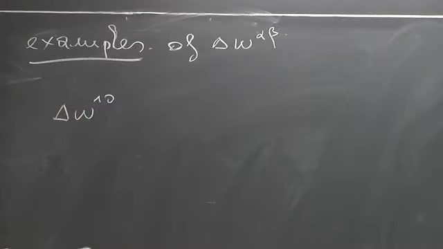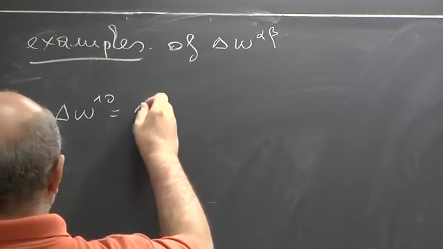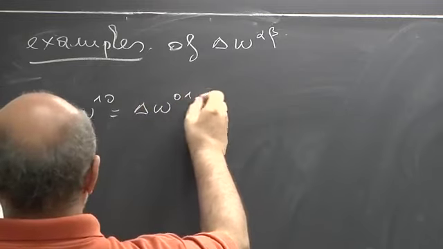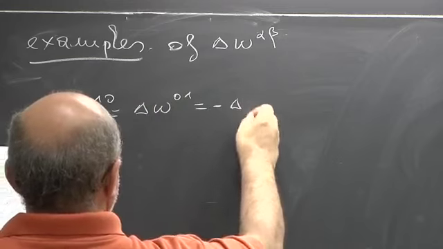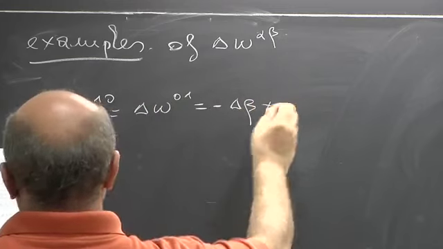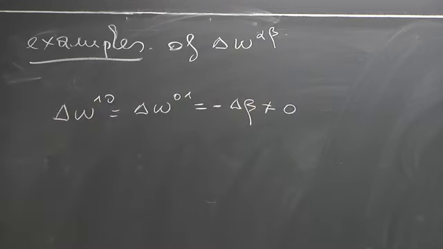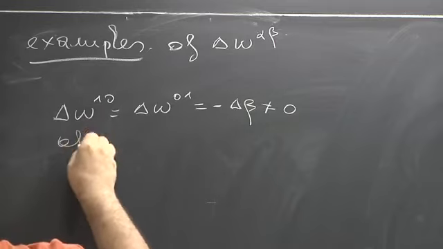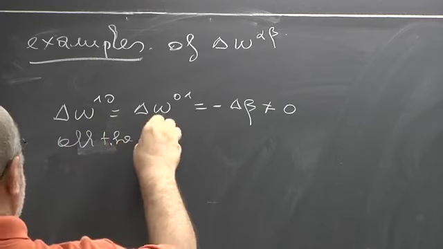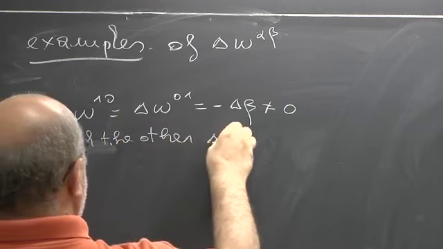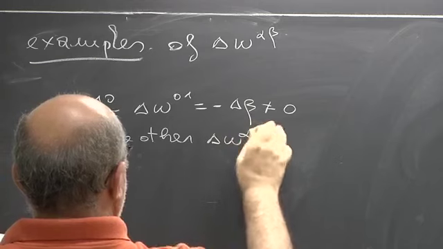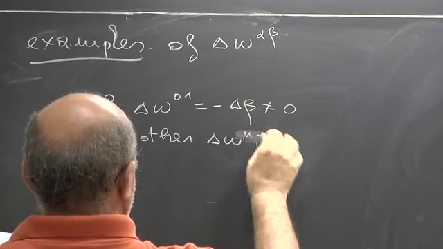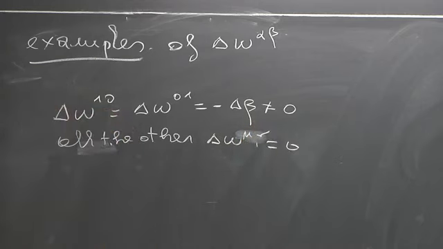Remember, alpha and beta go from 0, 1, 2, 3. Is equal to delta omega 0, 1. And let's suppose this is just a parameter different from 0 that we call delta beta. And all the other elements equal 0. So this is the only element that is different from 0.